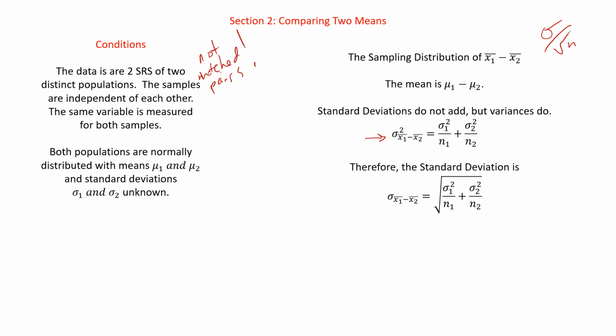If we wanted the standard error, which we use for the t procedures, we would simply replace the sigmas with the s's and get that. Sometimes standard error is written SE. So we have that. Look at our test statistics.